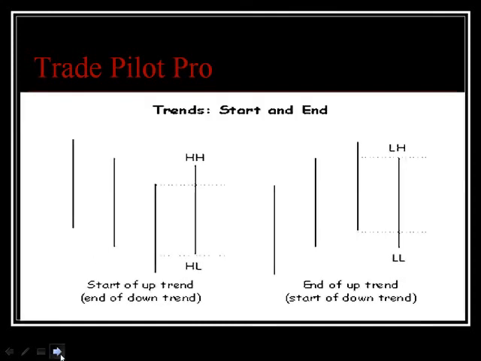This is something I'm going to give you guys a little trick on. I don't know where I learned this, but you guys get a kick out of it. When you're making a reversal, basically the start of a new trend, an uptrend from a downtrend or a downtrend from an uptrend, look at your hand, okay, and look at your fingers: your index finger, your middle finger, your ring finger, and your pinky.